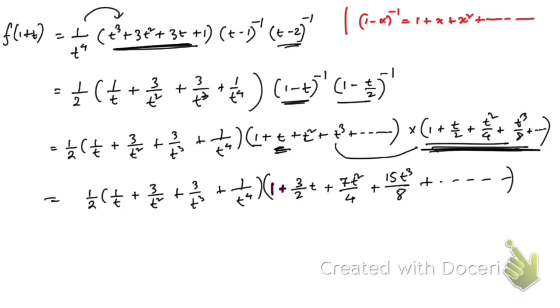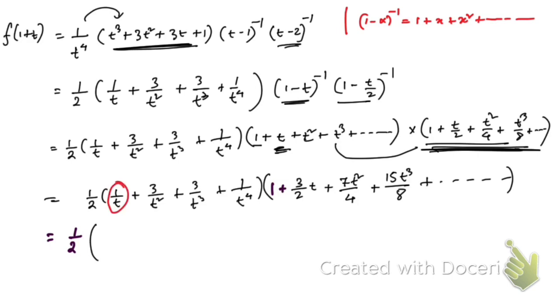Now let's multiply these things here, and you see we need the coefficient of 1 by t only. So first check the terms. Where are you going to get the 1 by t only, right?